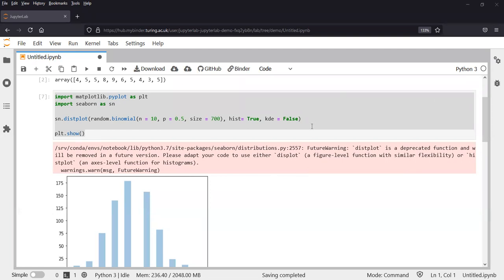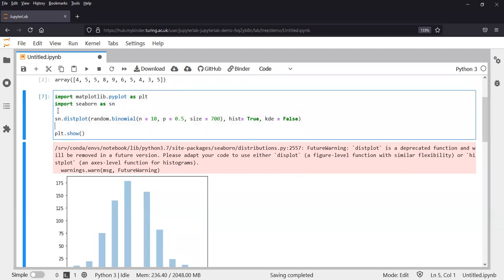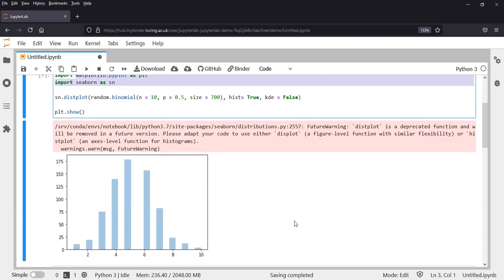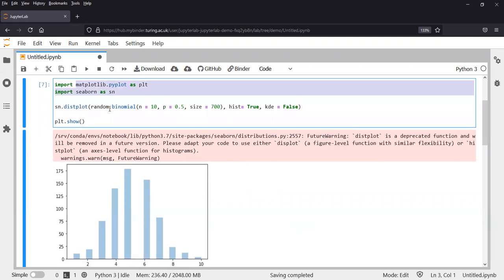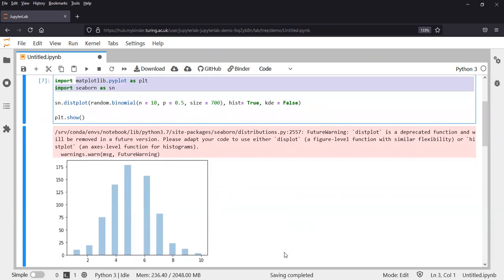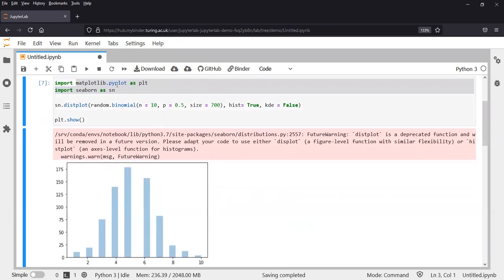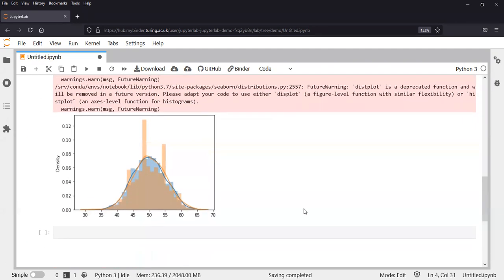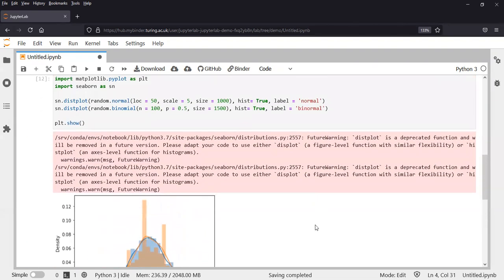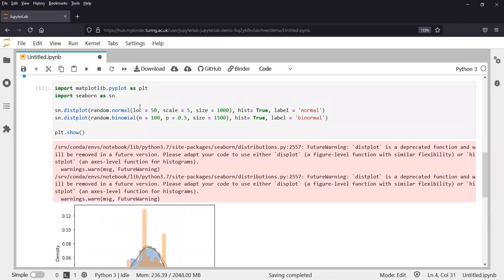So here's the example: combining two Python libraries to construct the graph, using the binomial distribution. And here's another example, where I'm going to use the normal and the binomial distribution.